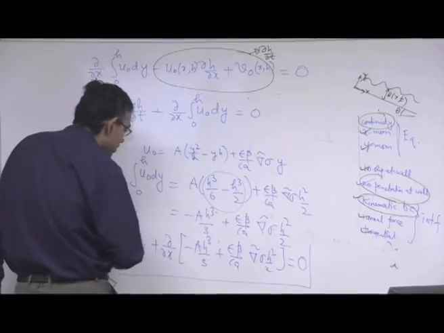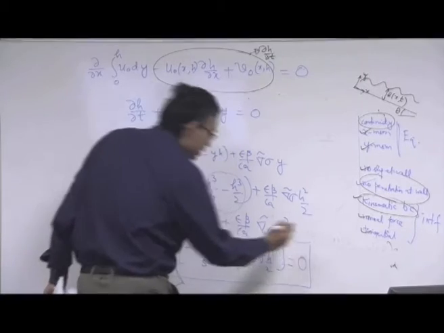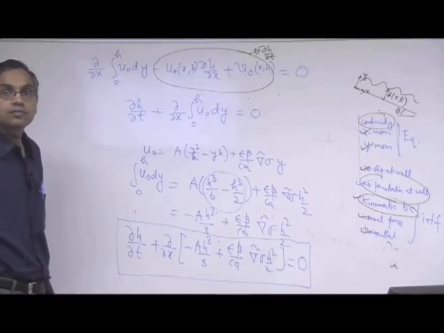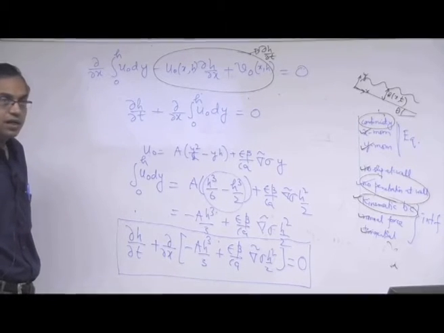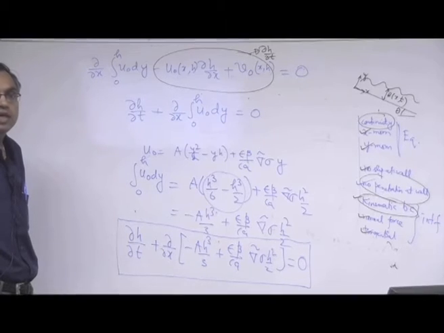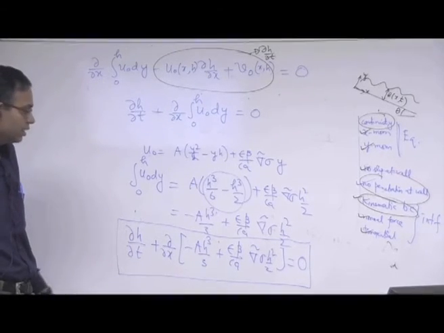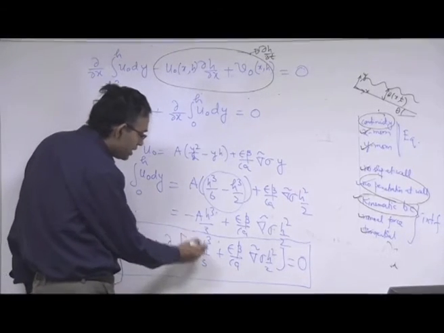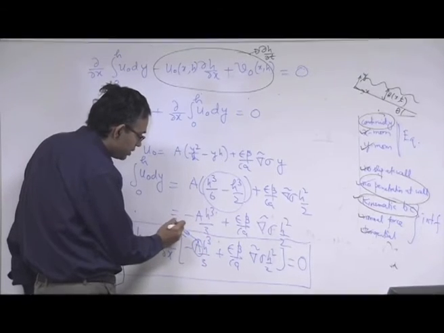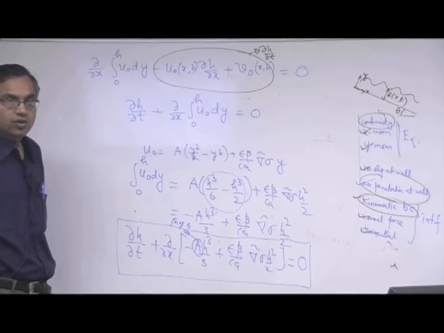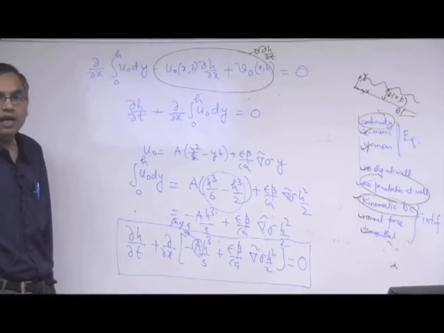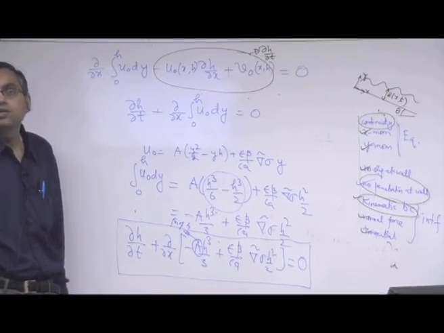We have utilized all equations and all boundary conditions, right. This equation has only one unknown dependent variable, that is h. In A also there is an implicit h, A is a function of h, and other terms explicitly have h. So this is the governing equation for h as a function of x and t, which we will solve.